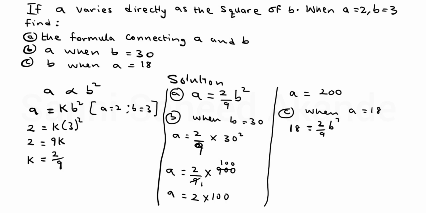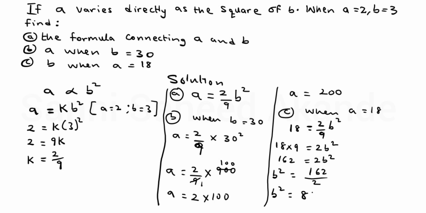Understood? So let's cross multiply. We now have 18 times 9 equal to 2B squared. 18 times 9 is 162, equal to 2B squared. So dividing both sides by 2 will give me B squared equal to 162 divided by 2, which is 81.